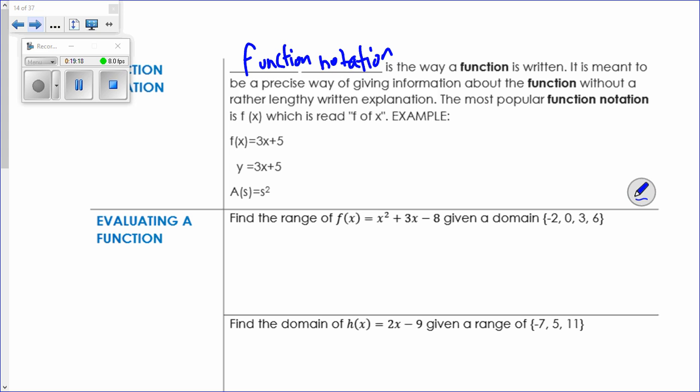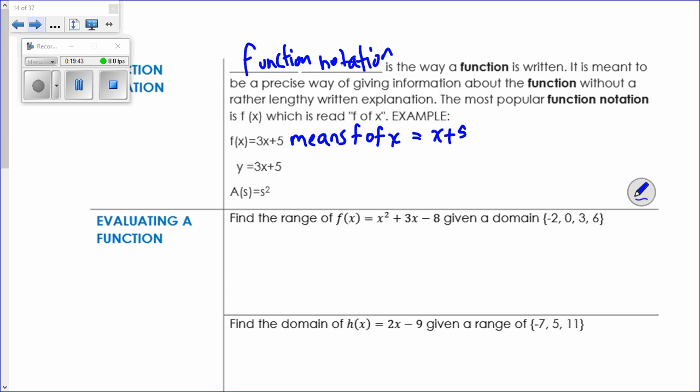The most popular function notation is f of x, which is read "f of x." So if I was looking at f of x equals 3x plus 5, it literally means, if you had to write this out, f of x equals 3x plus 5.